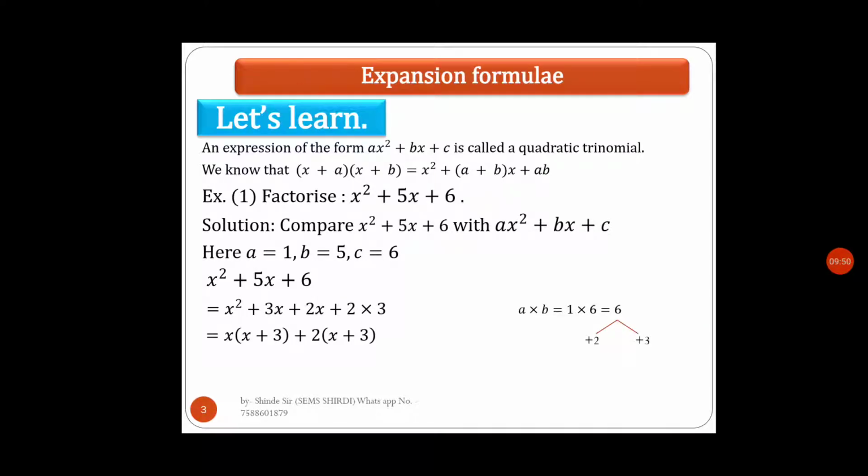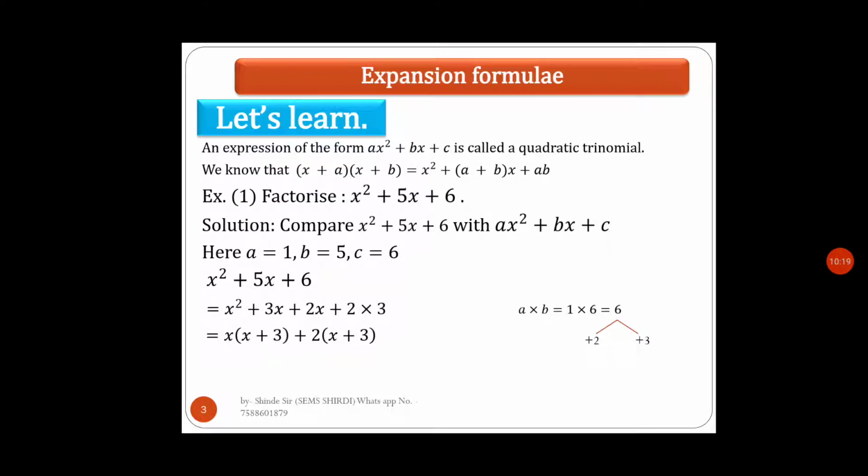Both are the same, that's why we take x plus 3 as common. What is remaining here? x, and this plus 2. So in the other bracket, x plus 2. Here x plus 3 and x plus 2 are the factors of the given expression x square plus 5x plus 6.